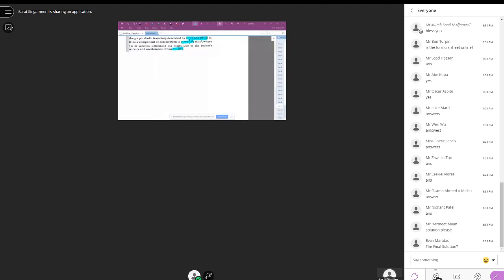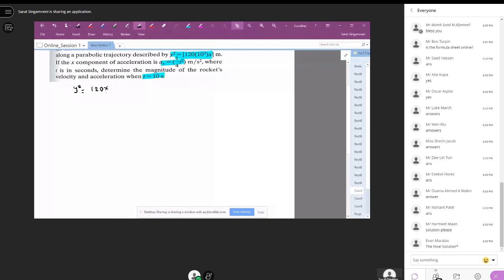Okay, first things first, the given equation is y squared is equal to 120 times 10 to the power 3 x, and then the acceleration in the horizontal direction is ax equal to 1 over 4 t squared. I'll leave them like that. Let us calculate the x components of velocity and acceleration first.